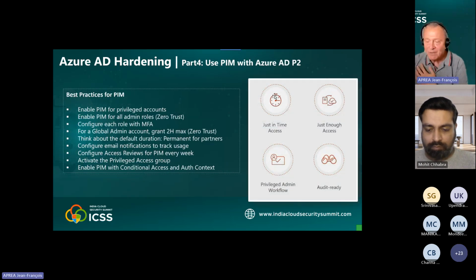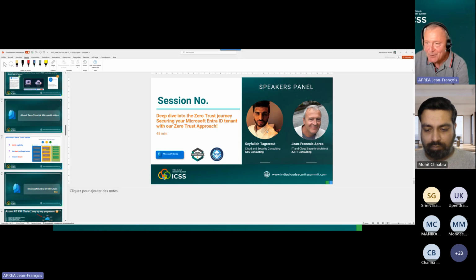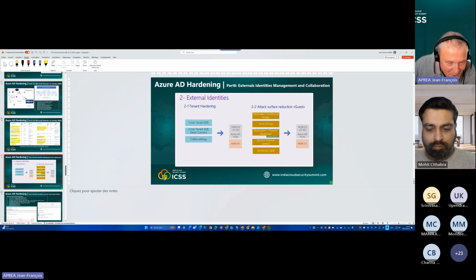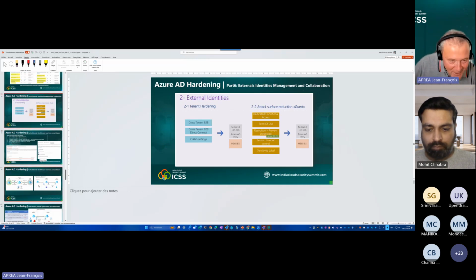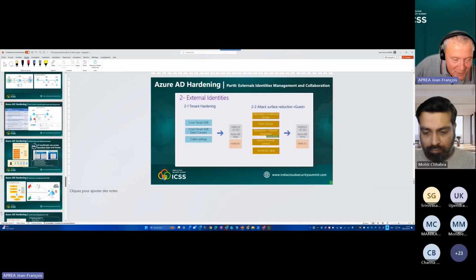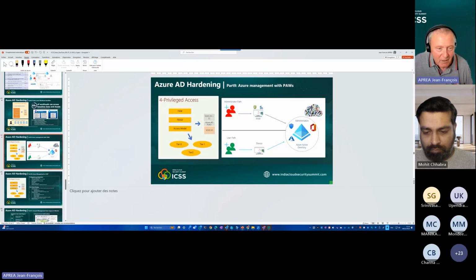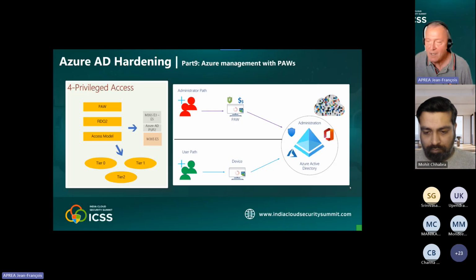I'm going to go more quickly because I must respect the timing for my colleague in the next session. Maybe a very important part here I want to talk to you about is really to implement a privileged access workstation.